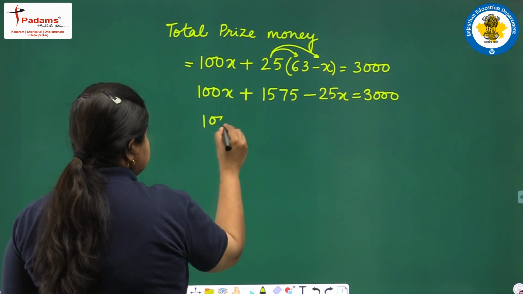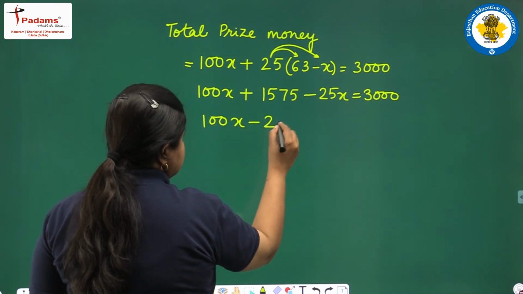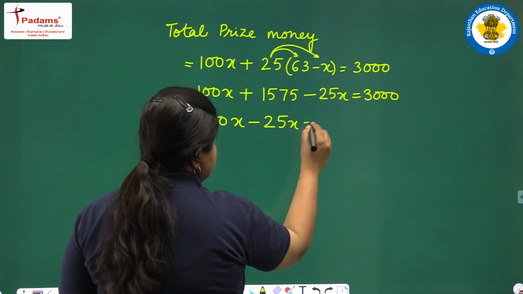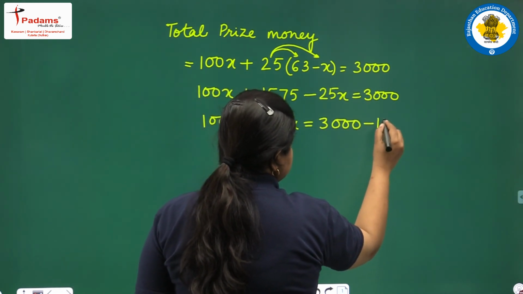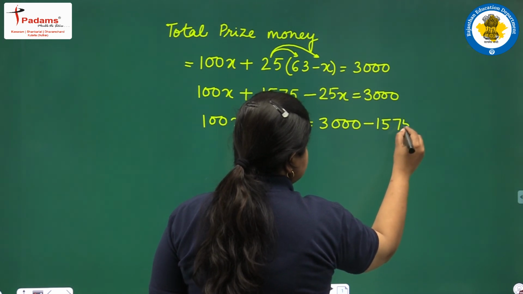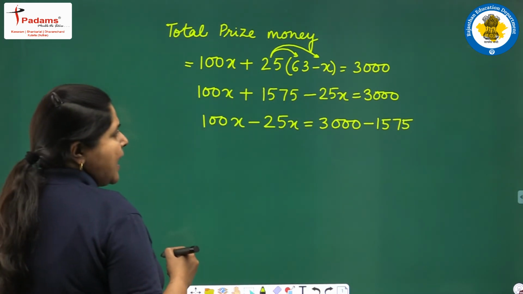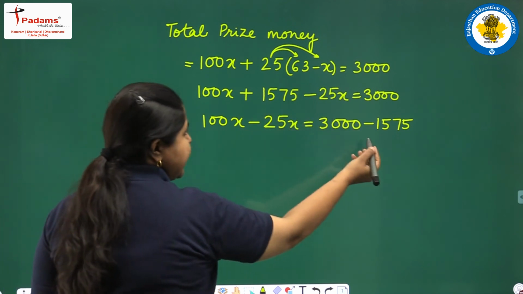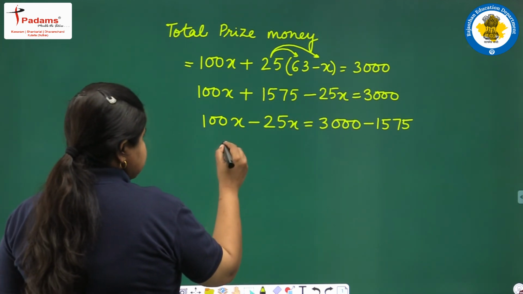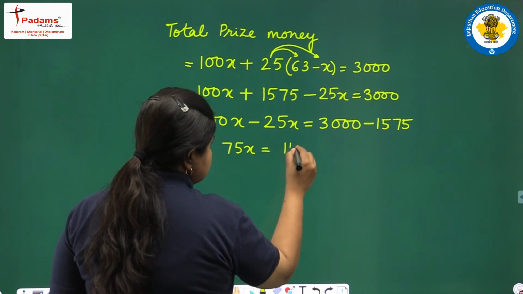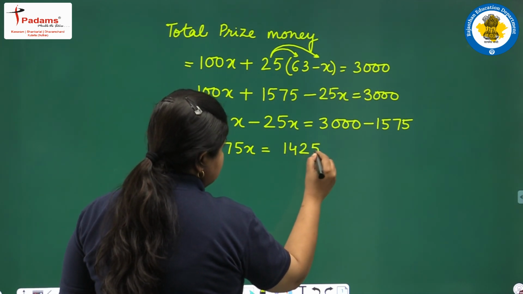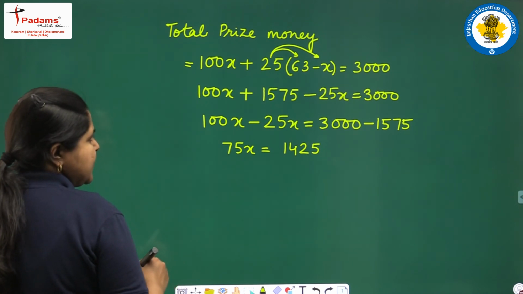Now we will keep the terms with the variable in the LHS and the constants in the RHS. 1575 has been transposed to the RHS and it has become a negative number. This gives us 75x equal to 1425 we get on subtracting these numbers.